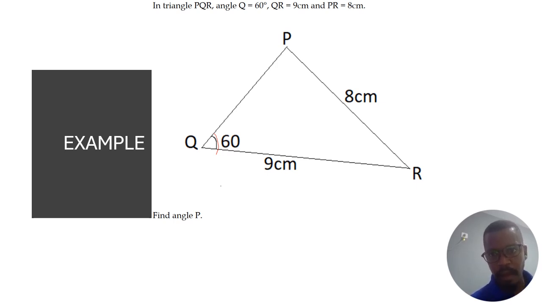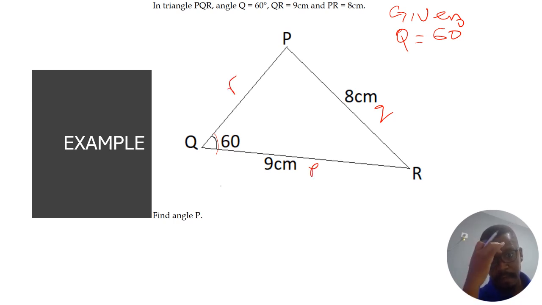So here, this is what you are given. You need to know them. You are given Q, which is 60 degrees. Let us now label them. Remember that is Q. The opposite side of that will be small q, and there will be R.